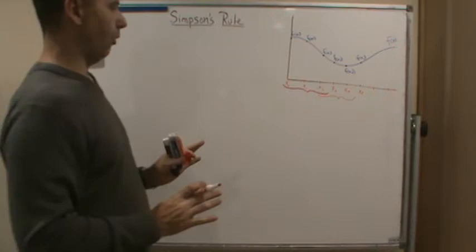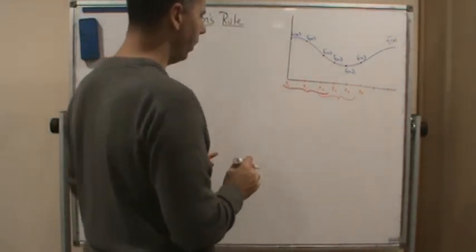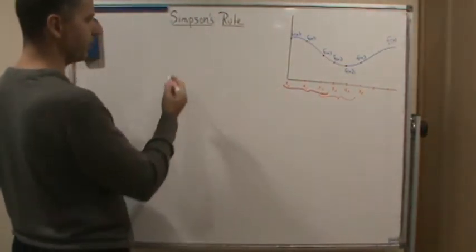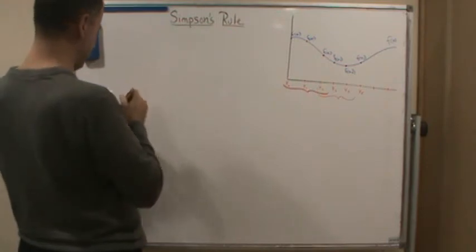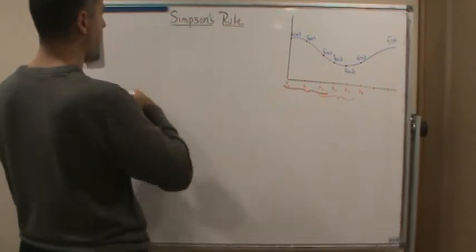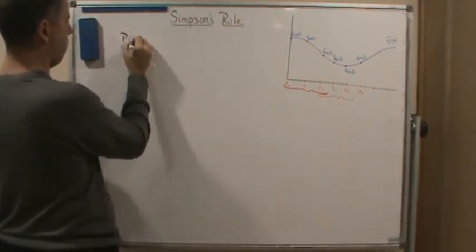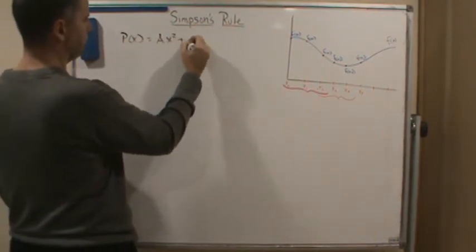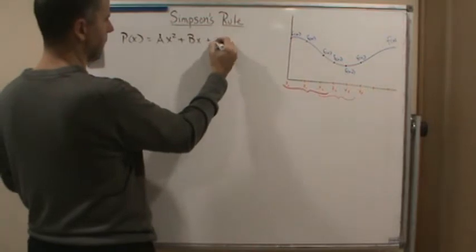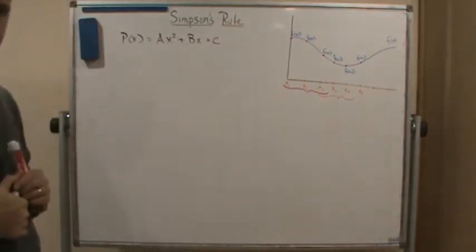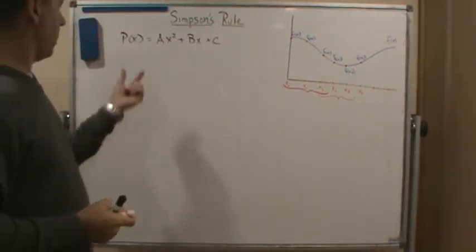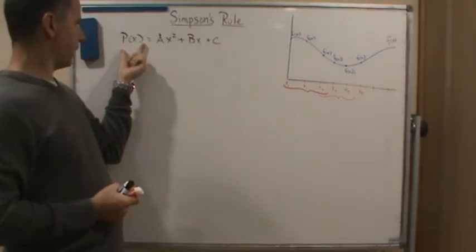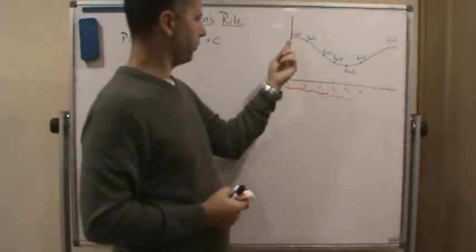Okay, so how does this work? Well, we take the general expression and let p of x equal ax squared plus bx plus c, where a, b, and c are just constant coefficients. We're just going to take a polynomial and fit it through these 3 points.